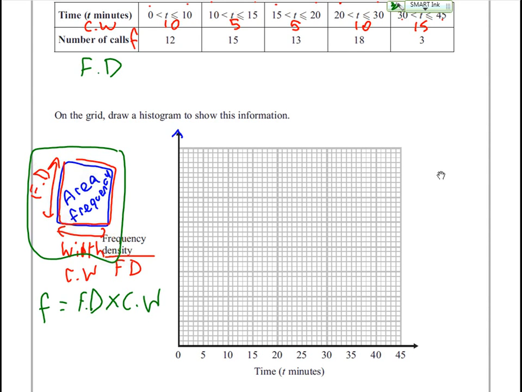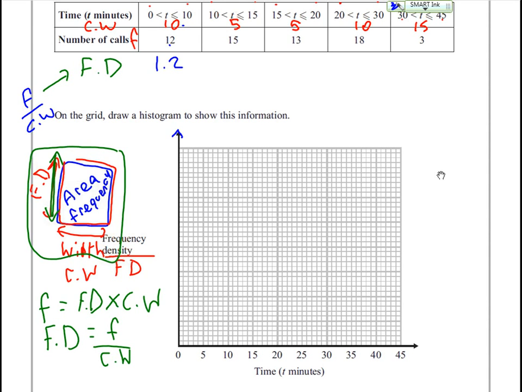Now, if you want a formula for frequency density, you can rearrange this and do frequency divided by class width. So the formula we're going to use is frequency divided by class width, this number divided by this number. 12 divided by 10 is 1.2.